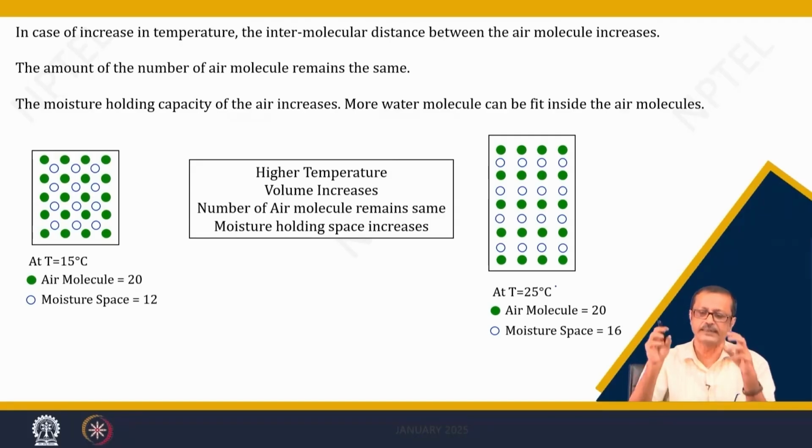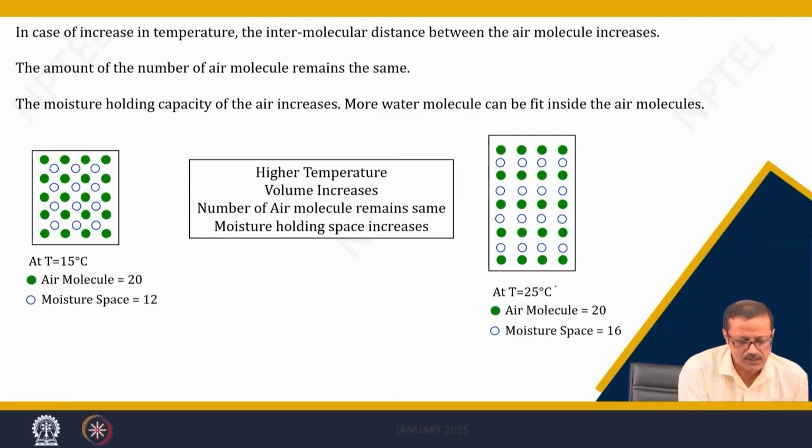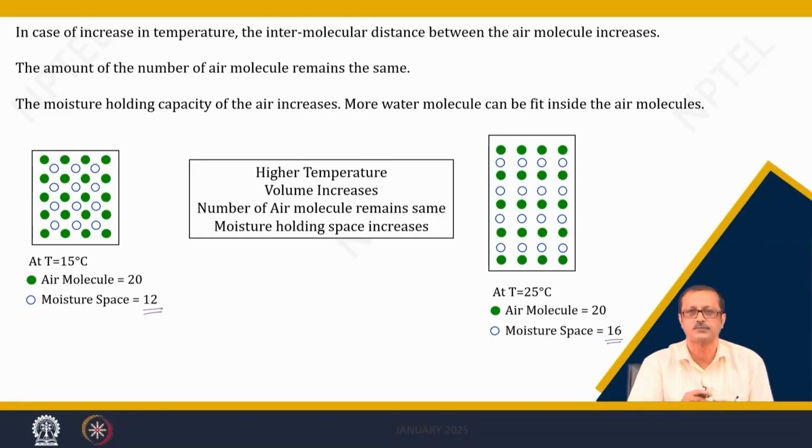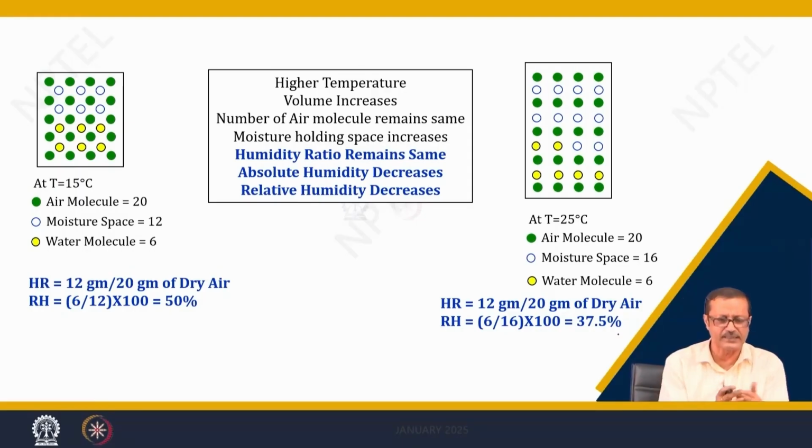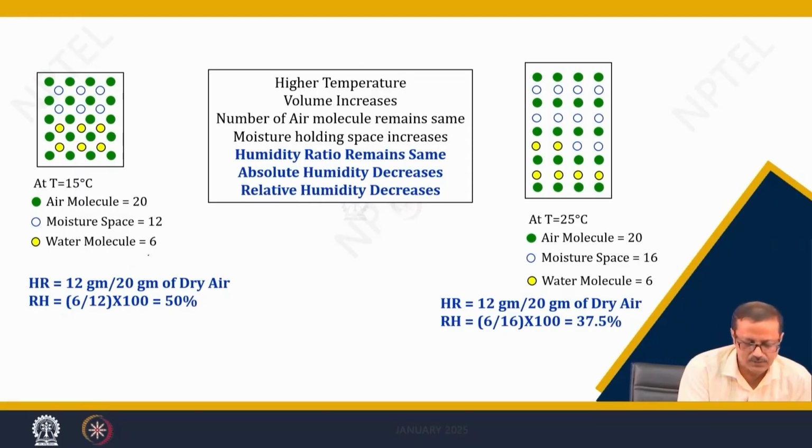So they are 20, but the space for moisture may increase from 12 to 16 because the intermolecular distances are more. Now 1 meter cube will be maybe 1.2 meter cube; the volume is increased because the temperature has increased, Charles' law.